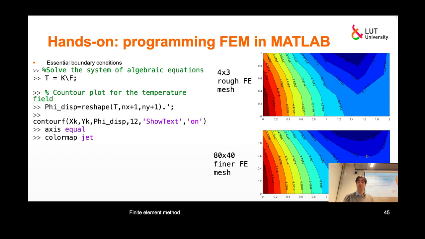So it's a solution of the same problem, but a more accurate one. And isolines now look quite smooth. There is still linear interpolation of temperature within each element, but elements are now quite small, and we may be satisfied with the level of accuracy that this mesh provides, at least judging from this picture.